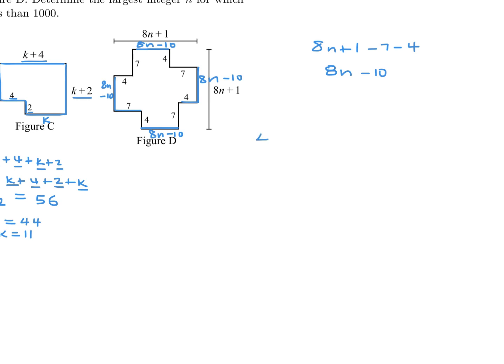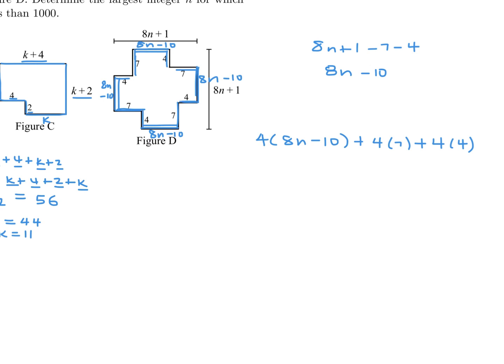We got 4 of these 8n minus 10s. That takes care of this, this, this, and this. And then we have 4 of those 7s, and finally 4 of those 4s. I think that takes care of all the sides.